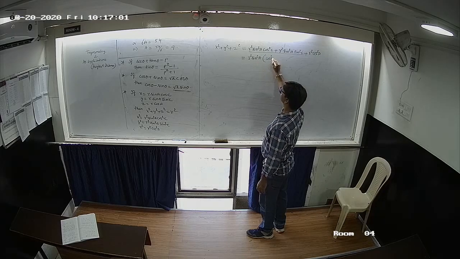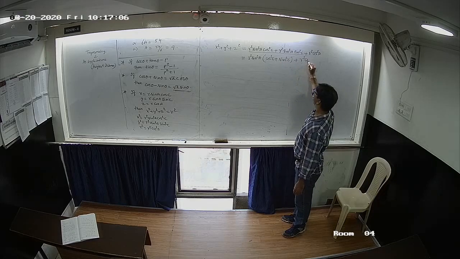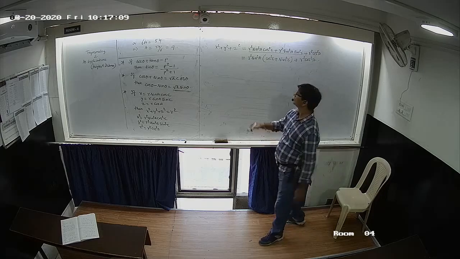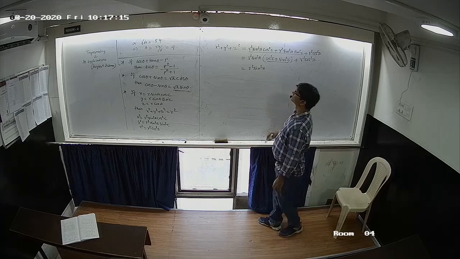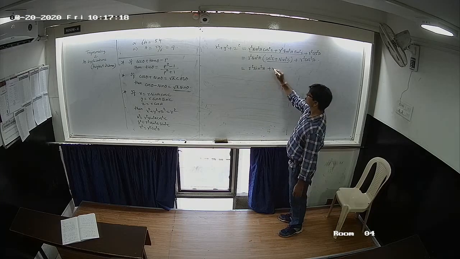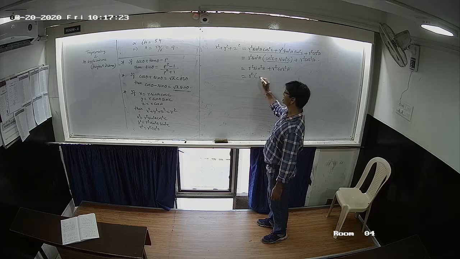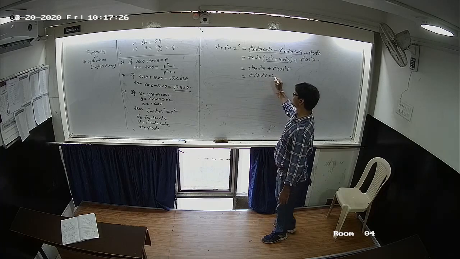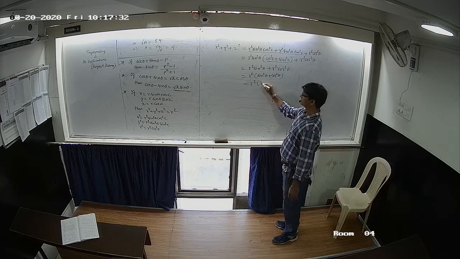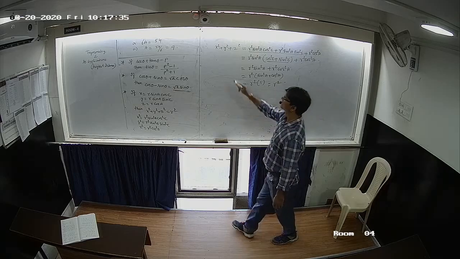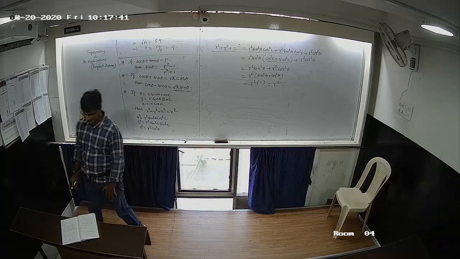You are left with cos square C plus sin square C, plus r square cos square A. Now cos square C plus sin square C is 1, so we get r square sin square A into 1, plus r square cos square A. So here again r square is common and we have sin square A plus cos square A in bracket. So that is equal to r square into 1 equal to r square. So we get x square plus y square plus z square is equal to r square.